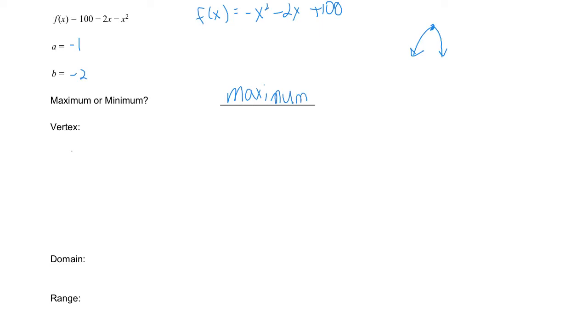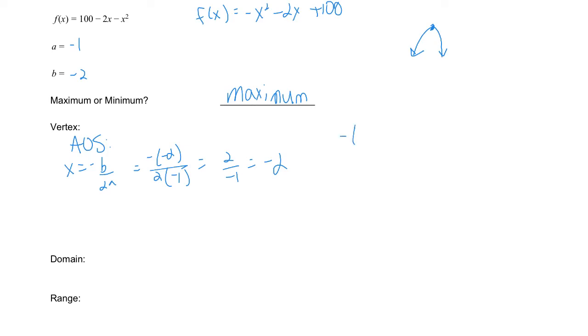So for the vertex, first we need the axis of symmetry. That's x equals negative b over 2a. In our case, negative 2 over 2 times negative 1, or 2 over negative 1, or negative 2. Then for the vertex, we plug it back into our equation.